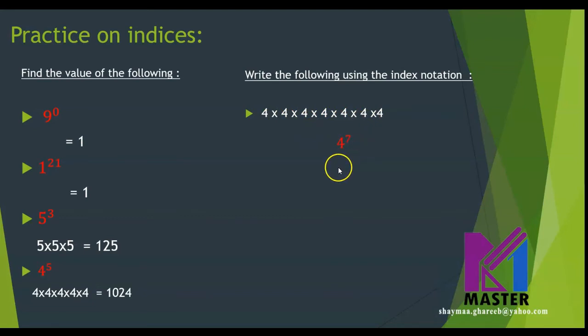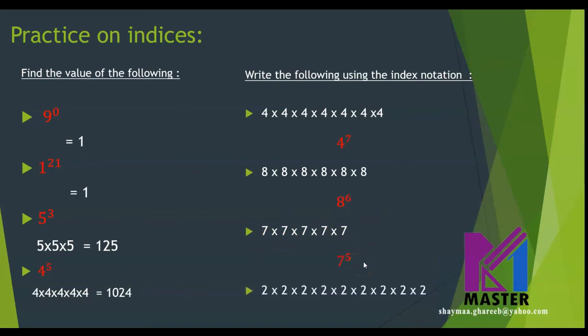Is this okay? Next one, the base number is 8, raised to the power of 6. So 8 to the power of 6. 7 is raised to the power of 5. 2 is raised to the power of 9, because the 2 is multiplied by itself here 9 times.